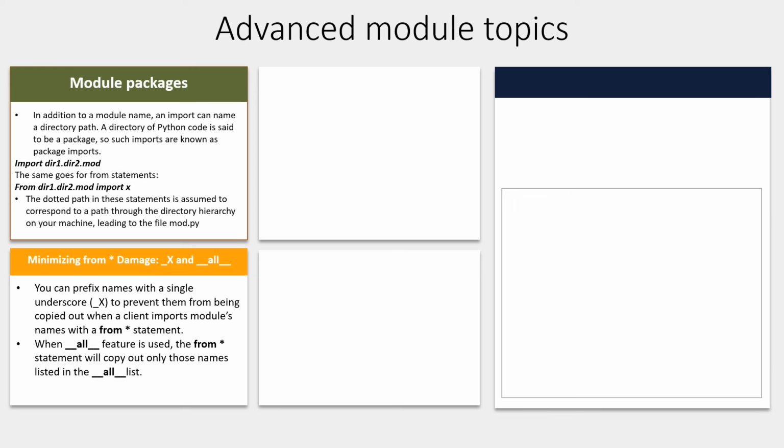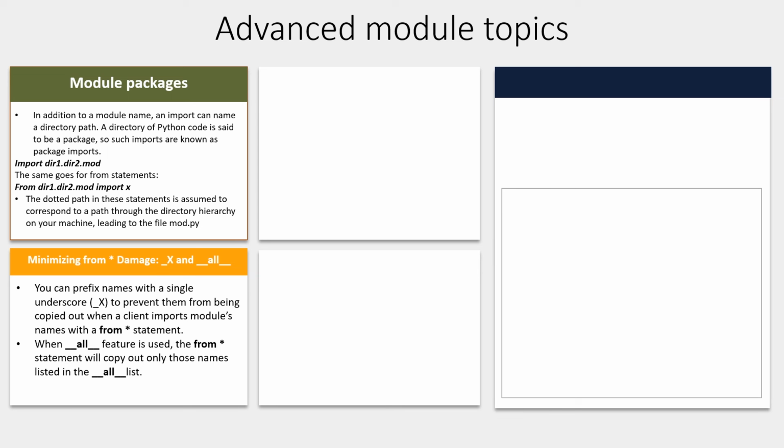When double underscore all, just a minute, yeah. Alternatively, you can achieve a hiding effect similar to the underscore naming convention by assigning a list of variable name strings to the variable double underscore all double underscore at the top level of the module.